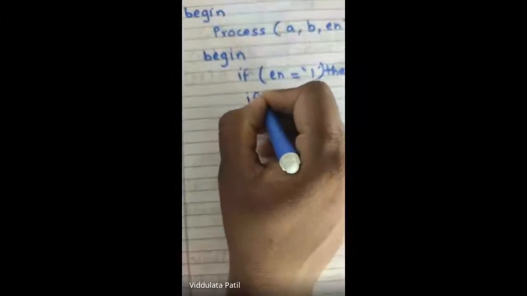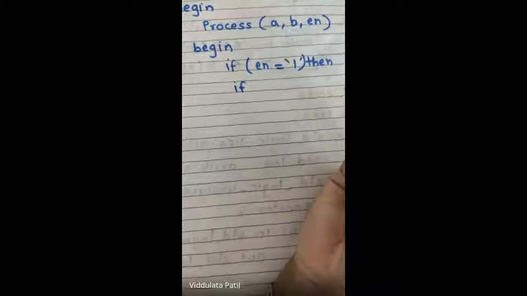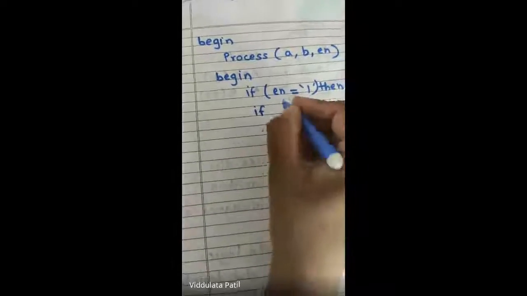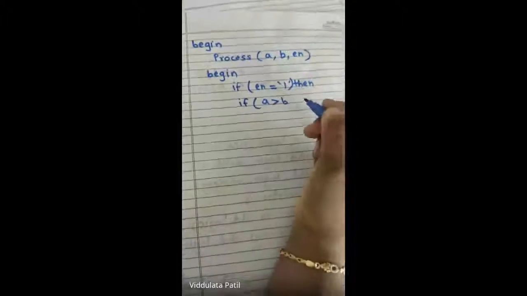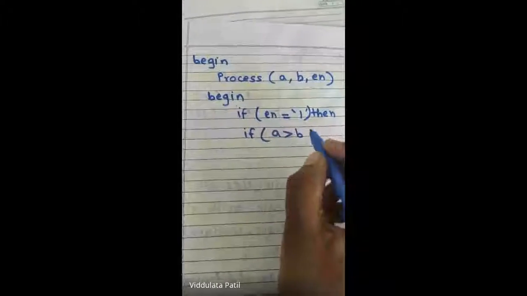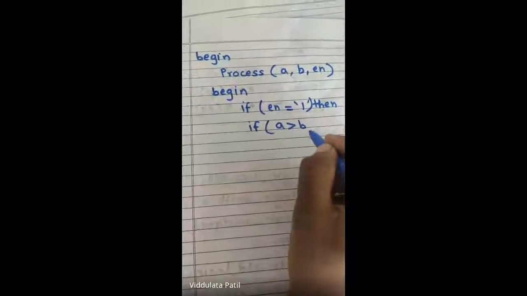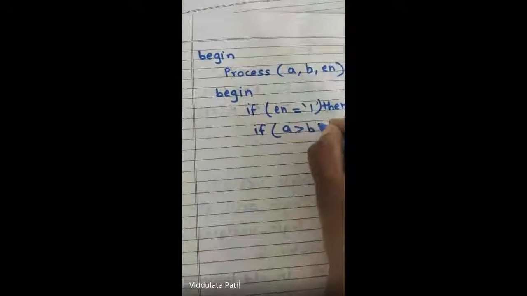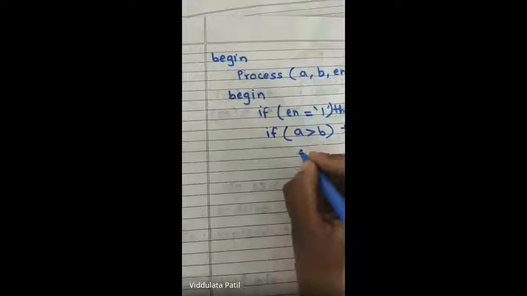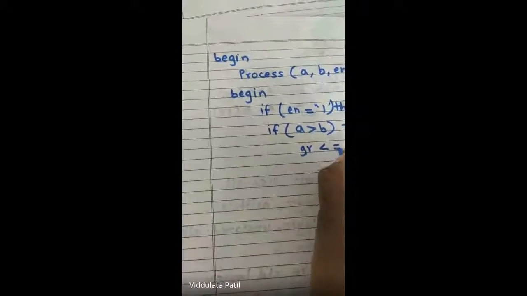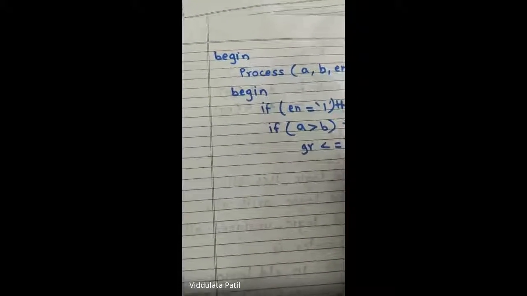Now here, again we are going to use if, that means we are going to use nested if, A greater than B. Okay, so we are going to check whether A is greater than B or not. If it is there, then we will have GR assigned to 1.